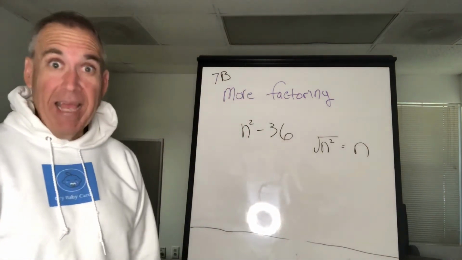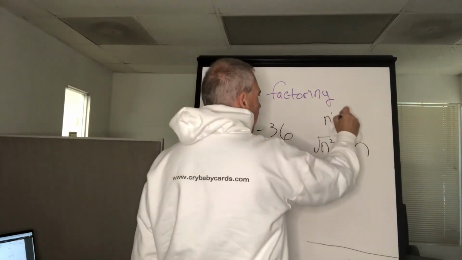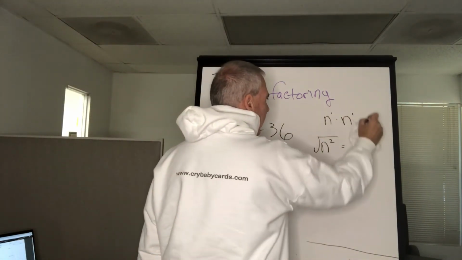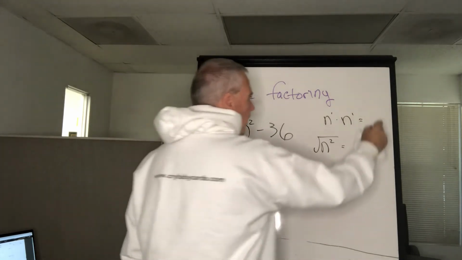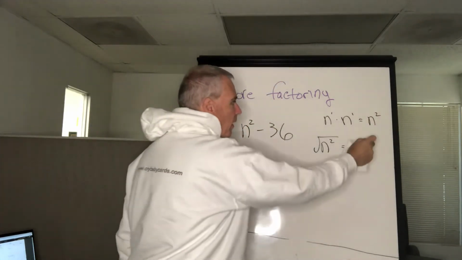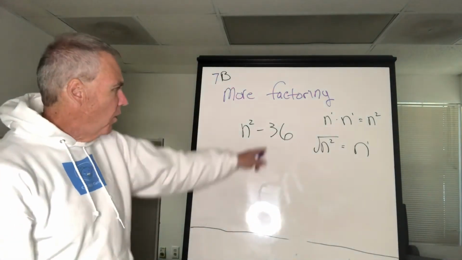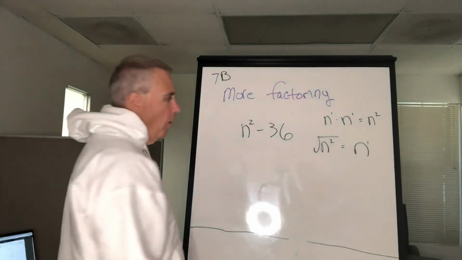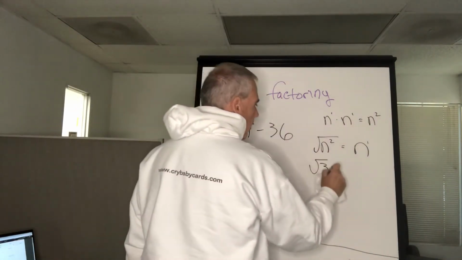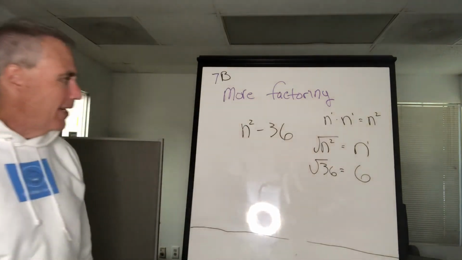N times n is n squared. Remember, we add exponents, right? 1 plus 1 is 2. So the square root of n squared is n to the 1. Square root of 36. Maybe you know it, maybe you don't. Hit your square root button if you don't. It's 6.